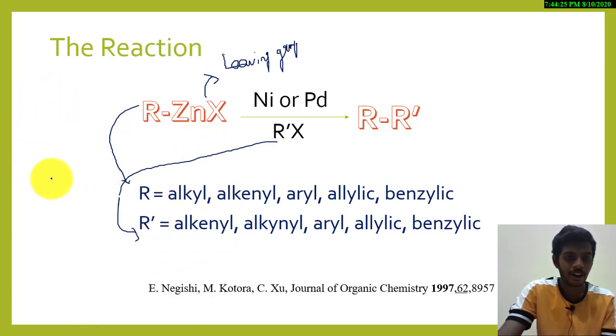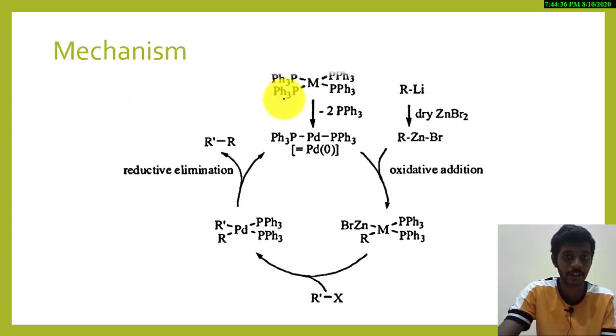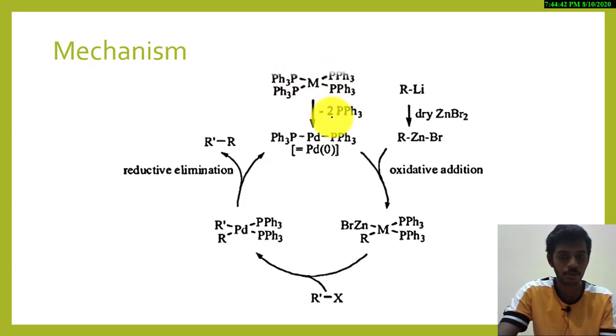After that, the R and R dash will be coupled to form the product, and this is the Negishi coupling reaction. See, this is the mechanism. The first metal is attached with 4 triphenylphosphine. After that, 2 triphenylphosphine is removed to form the palladium 0 complex.